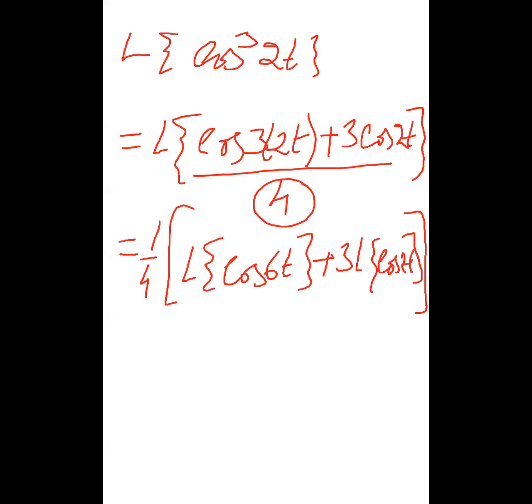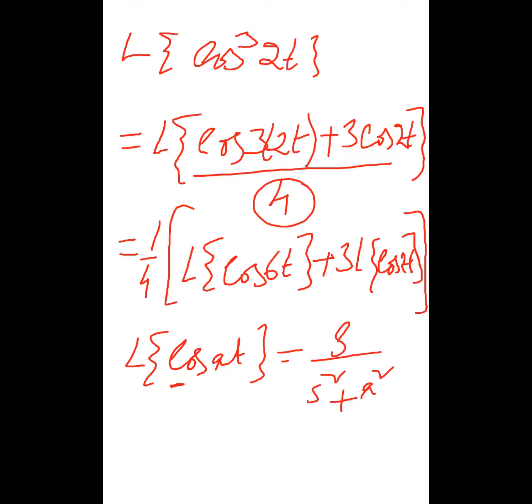So what is the formula for L of cos AT? It is a combination of A and S. The denominator is A square plus S square. In the numerator, we write either A or S. Since the function cos starts from C, not S, we take S. So the cos AT formula is S by S square plus A square. In the first function, the A value is 6.